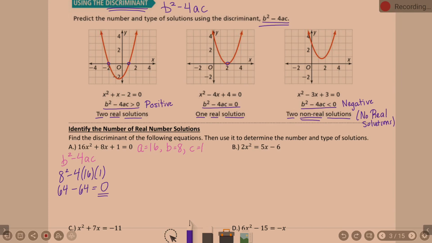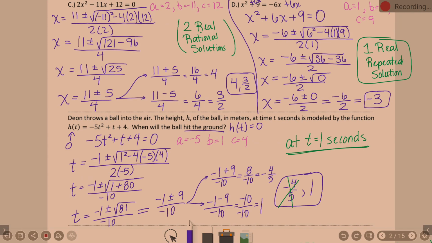With that in mind, it asks us the number and type of solutions. If my discriminant equals 0, what's that mean? One real solution. There's one real solution, yes? And if you were here yesterday, it relates back to the front side, where we had one that had one real solution. It was this example D here.